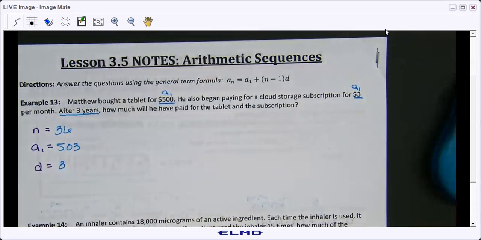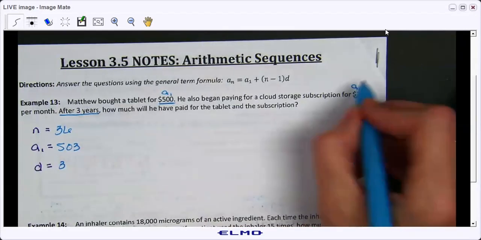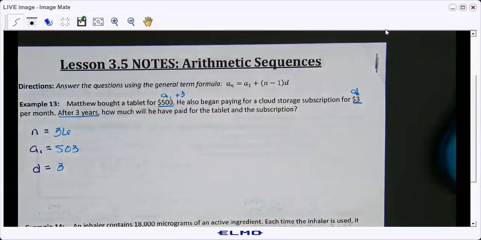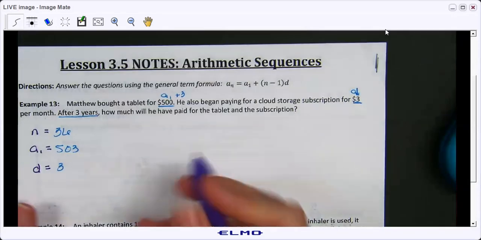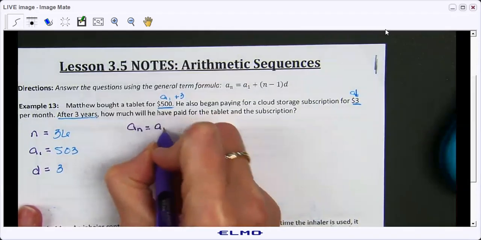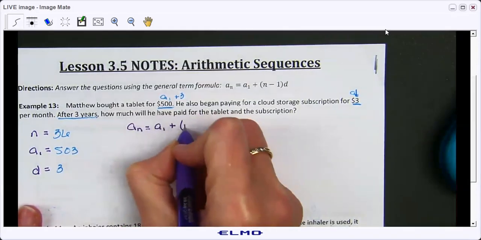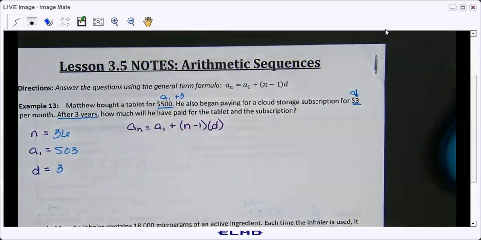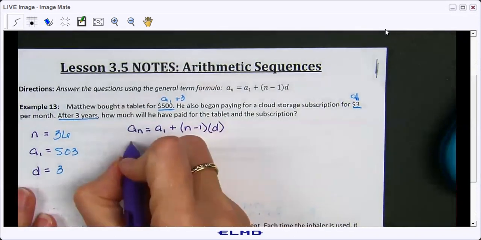We're going to take this information and plug it into the formula. Actually, this would be the common difference, plus 3. So I'm going to write it out, and then we're going to figure out at the end of 36 months how much we actually pay for this.